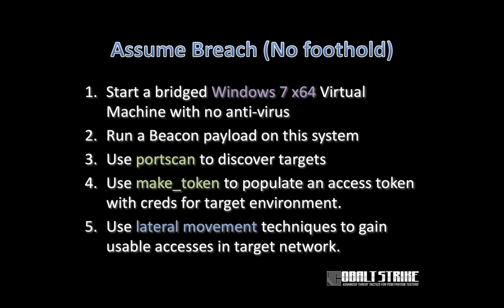They need that initial access. If you're in that situation, here's what I recommend that you do. Spin up a virtual machine, ideally Windows 7 without antivirus, run a beacon payload on it, and then use the tools in Cobalt Strike to spread laterally to a system that you have credentials to control. And you can do this.